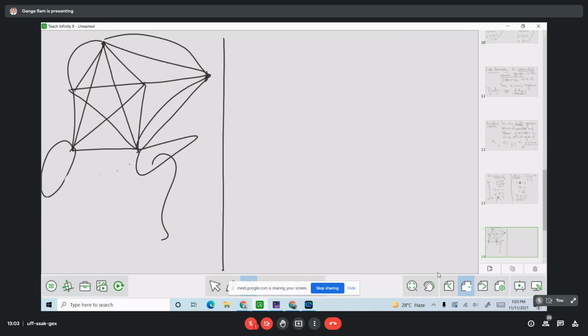Means it is not a simple graph. These are the self loops. These are the parallel edges.